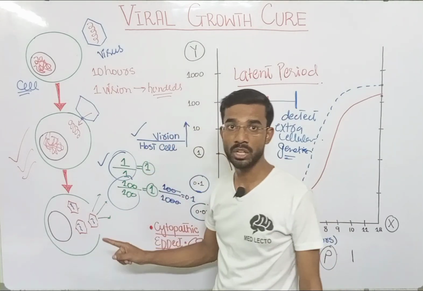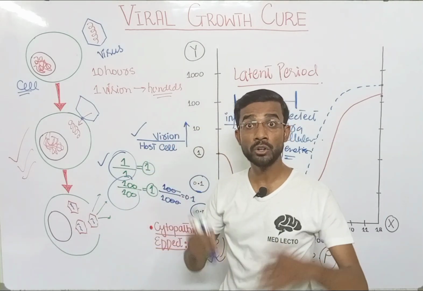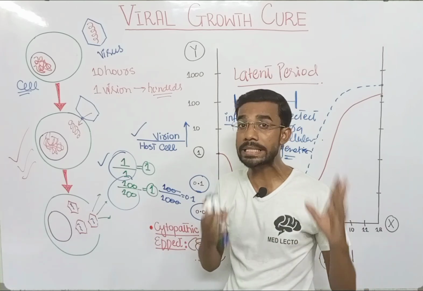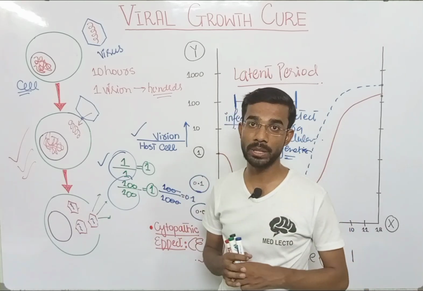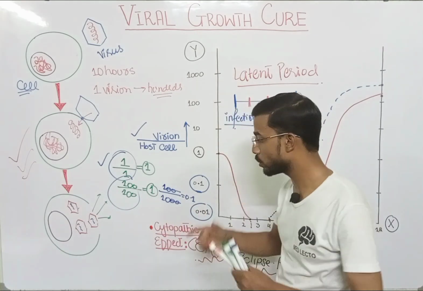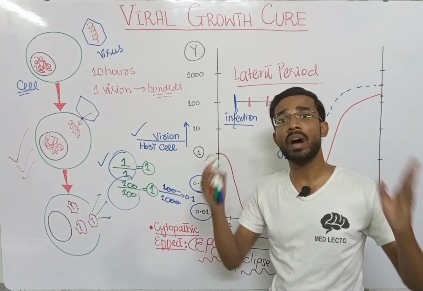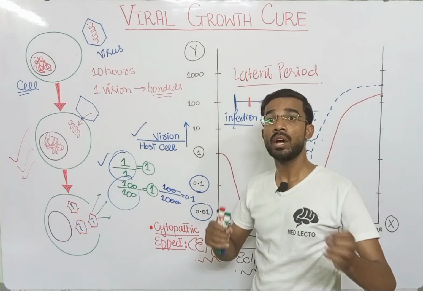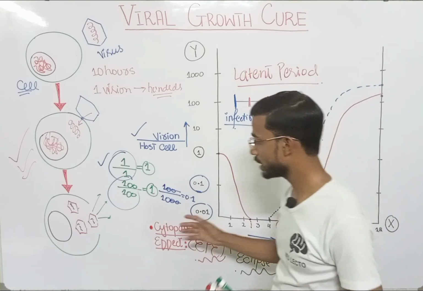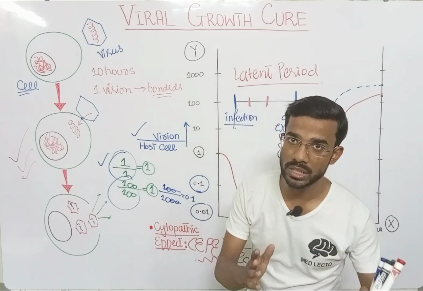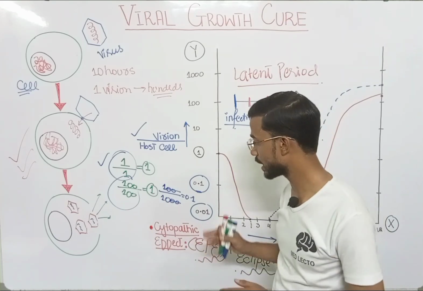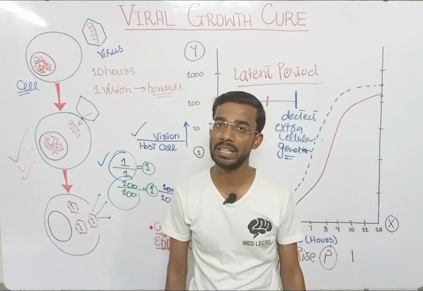When the cell lyses, a lot of changes happen, and you can easily detect them under the light microscope. This is the cytopathic effect. Cytopathic effect is simply a morphological thing that can be seen with a light microscope, and it is caused by the different viruses.